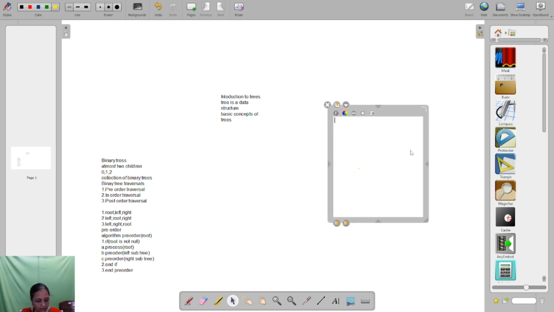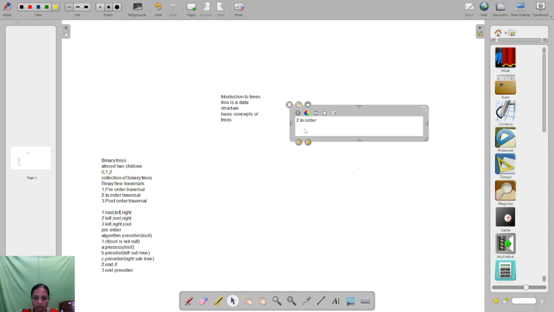So the second one is in order. In order also has an algorithm. Algorithm in order, root.